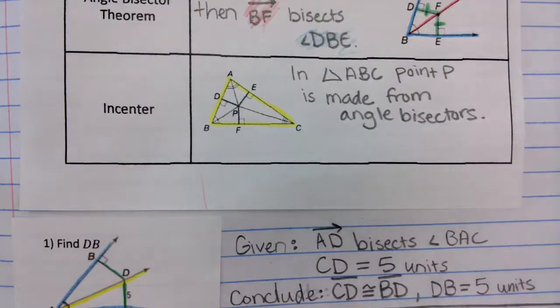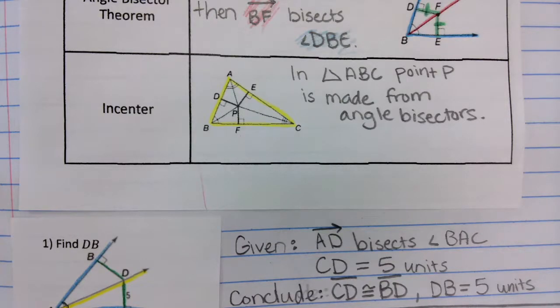So what they did is they looked at each of these angles and they cut each angle in the triangle in half. Okay, they cut each of the angles in the triangle in half.